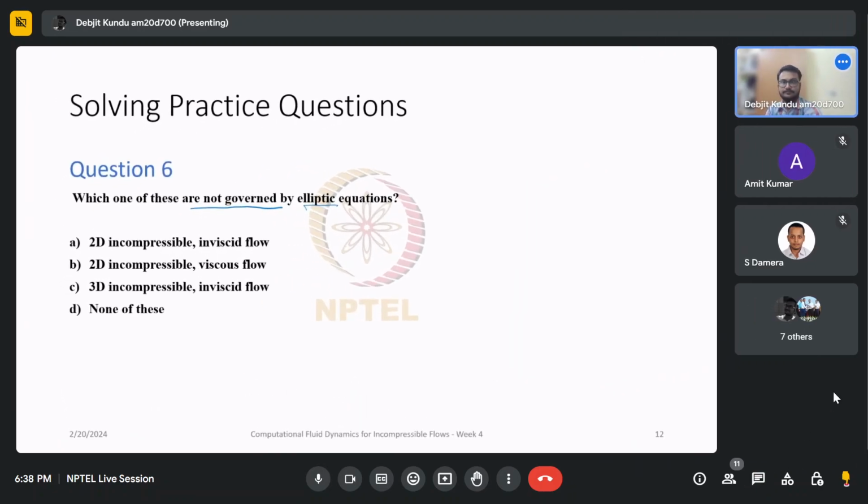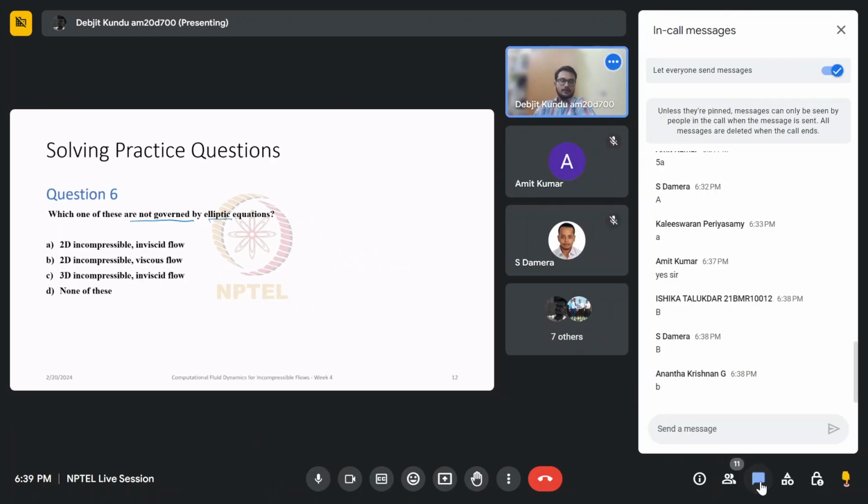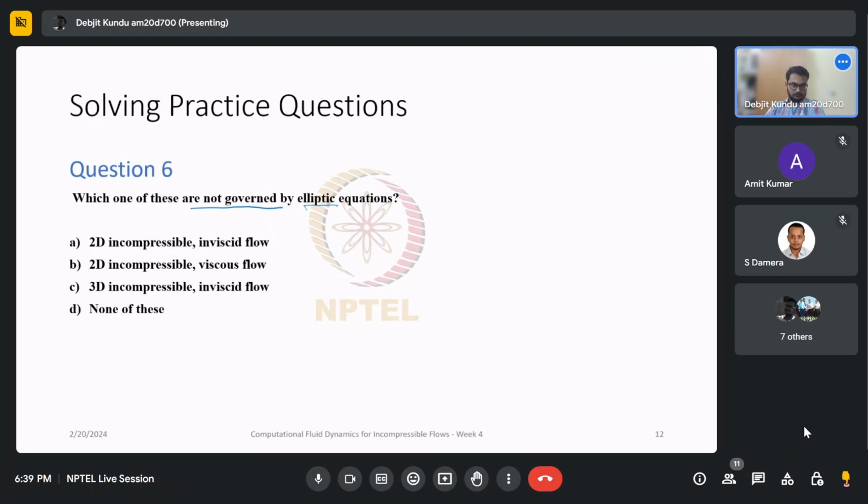Let's see what others have to say. Which one of these are not governed by elliptic equations?